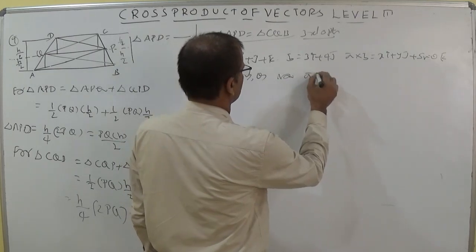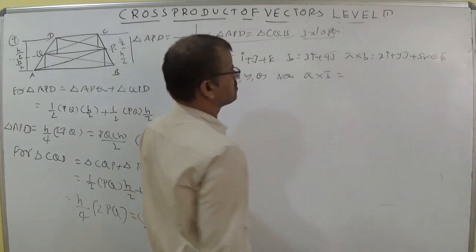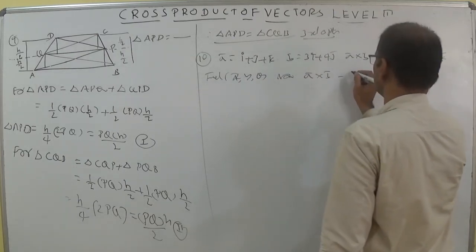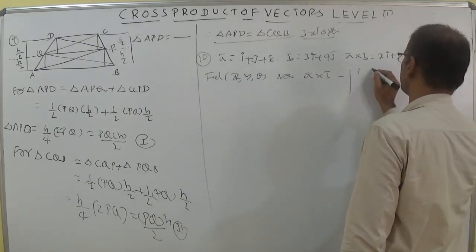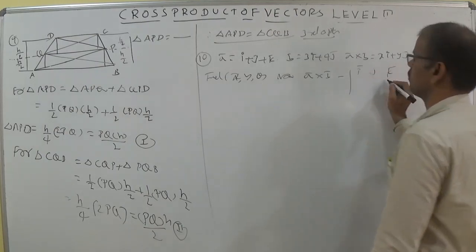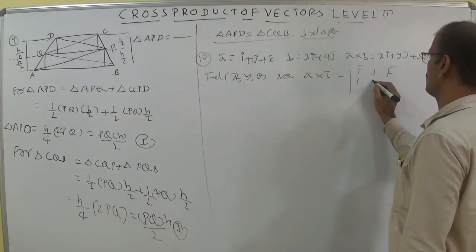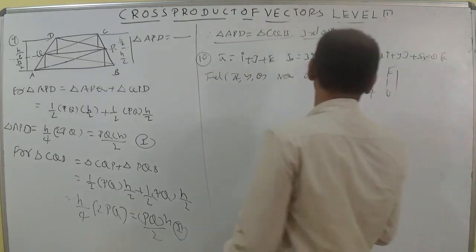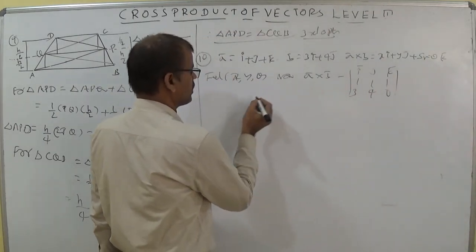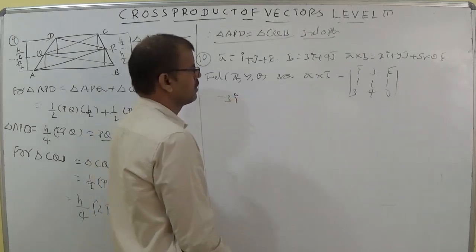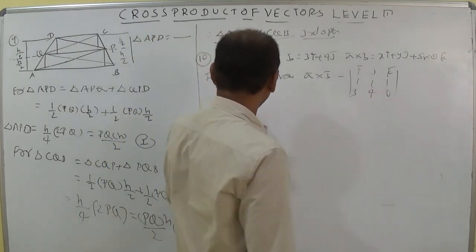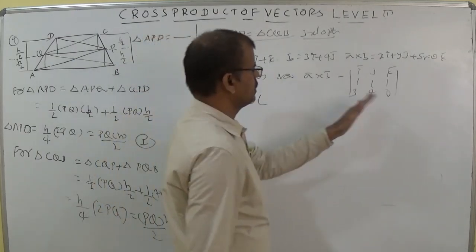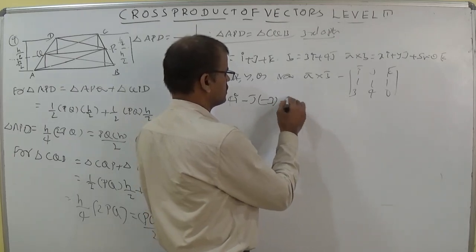Now we can equate the value of A cross B with X i plus Y j plus sin theta into k. Calculating the determinant, A cross B: i, j, k, 1 1 1, 3 4 0. I into 0 minus 4, it becomes minus 4. Minus j into 0 minus 3, this is minus 3.